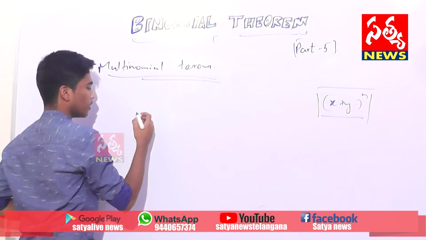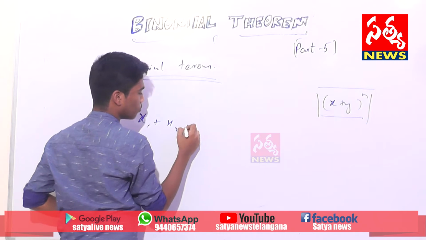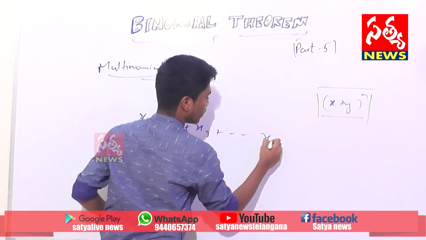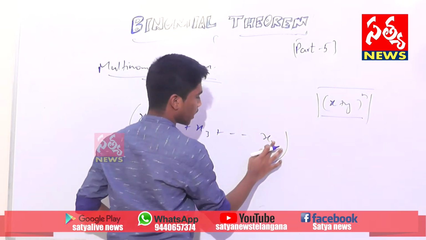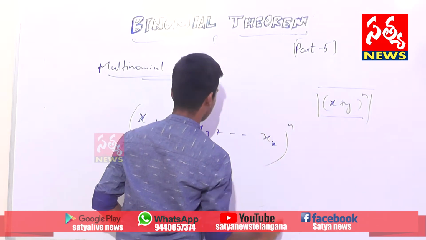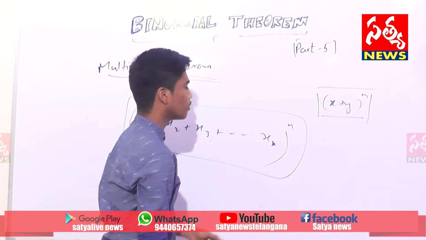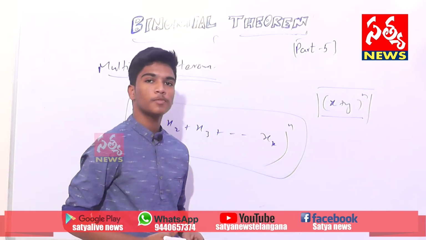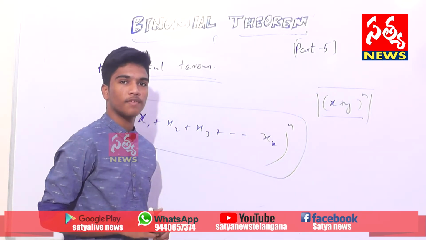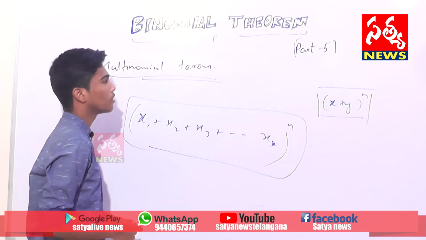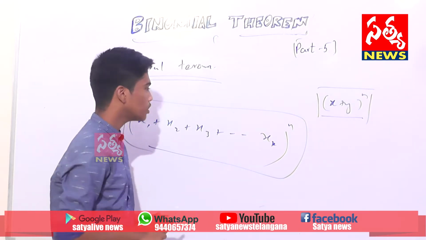If there are more than two, x1 plus x2 plus x3 plus so on, xn or xk, whole power n, this is a multinomial expression. The multinomial theorem is mainly only for Advanced. Mains do not concentrate on this.